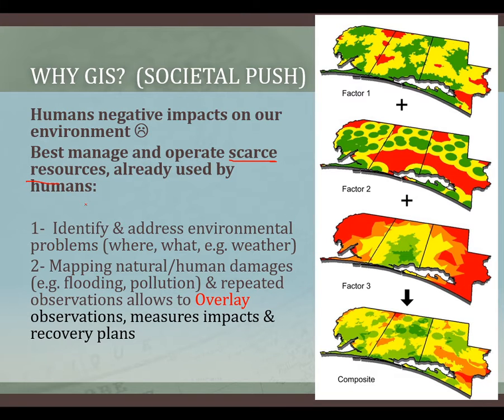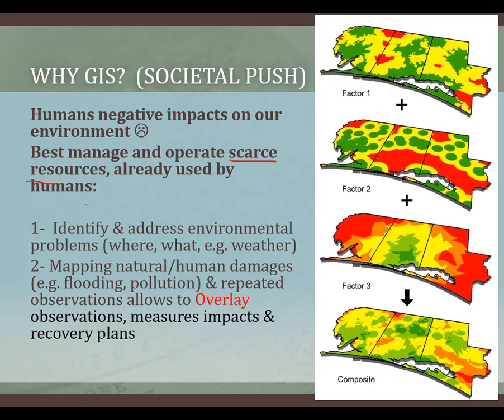So we want to figure out, okay, where are the problems? We wanted to know exactly what's going on, where it is happening, weather problems as well. And for example, global warming is causing our ice glaciers to melt. So we had a problem here, and I want to know exactly where most of the problem is happening and how we can start researching that.